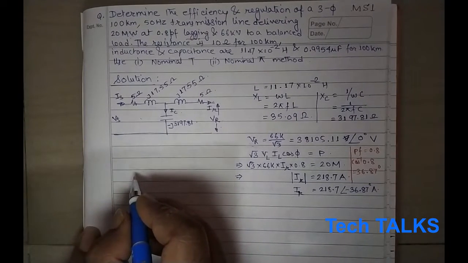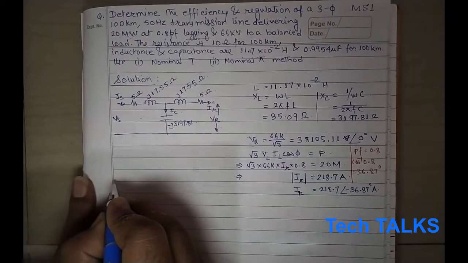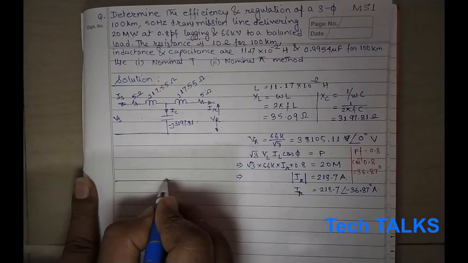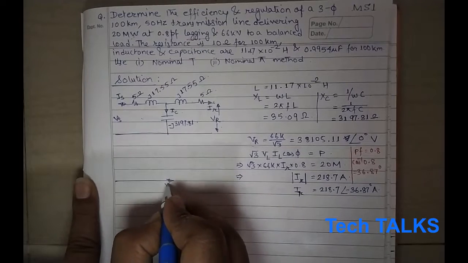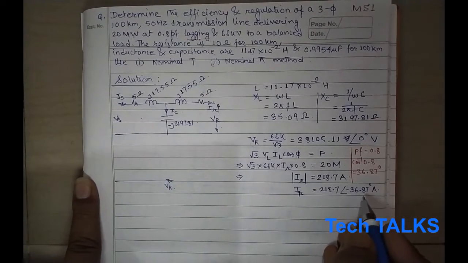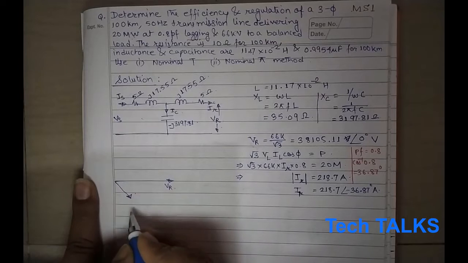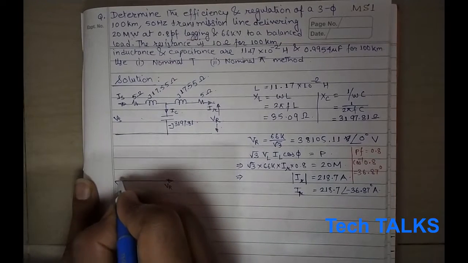Okay, so this is VR. Current is lagging by minus 36.87, so this is current, that is IR.